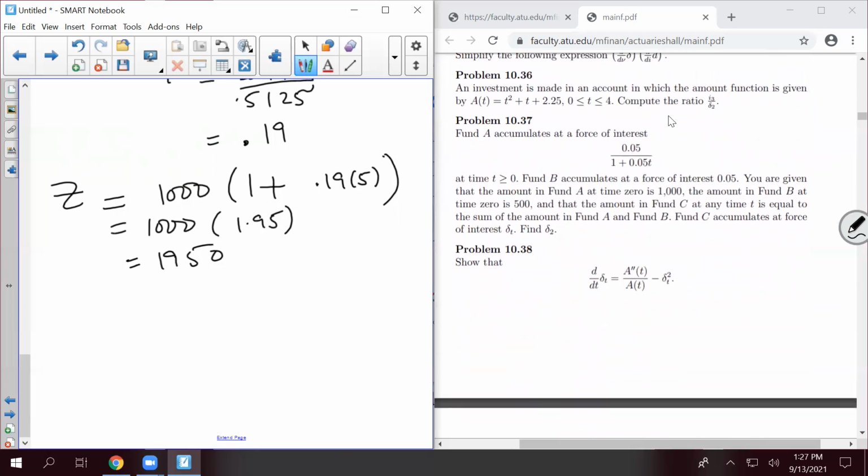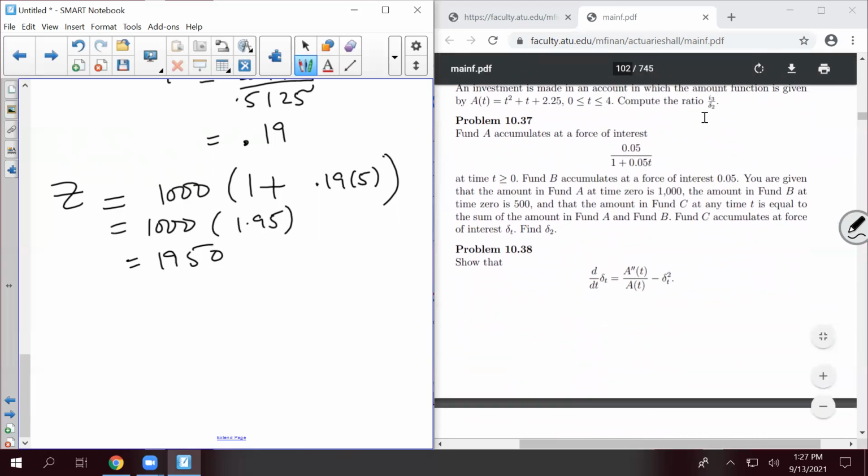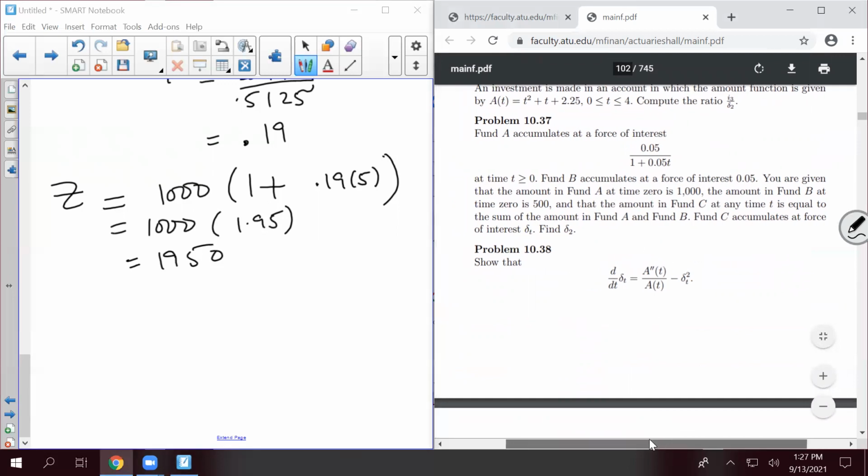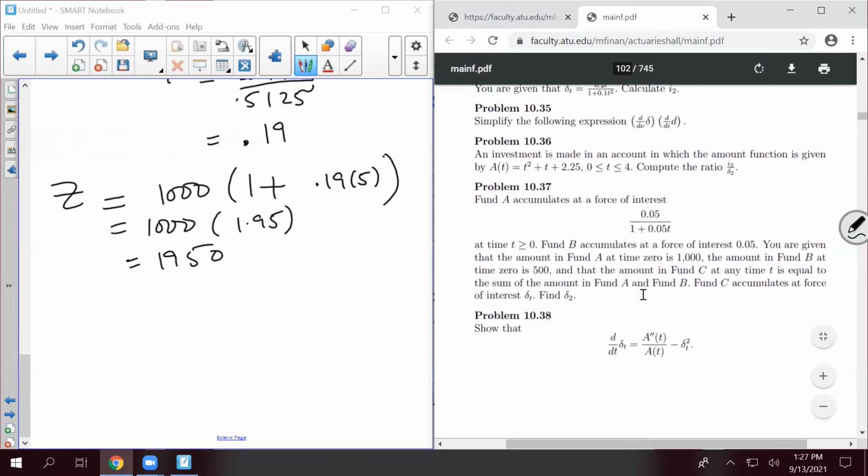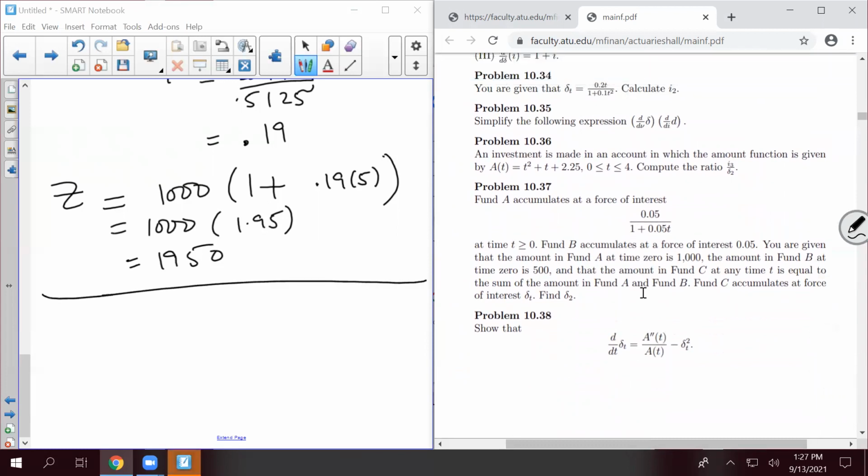Look at that. Calculate the ratio I3 over delta 2. 36. So, remember from very early on, how do we get I3? I3 is the interest rate during the third year.